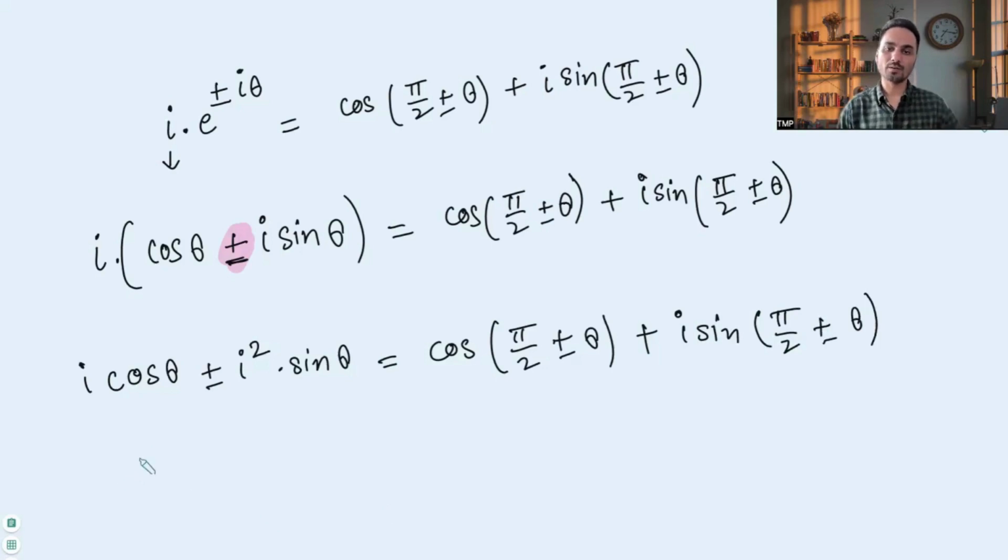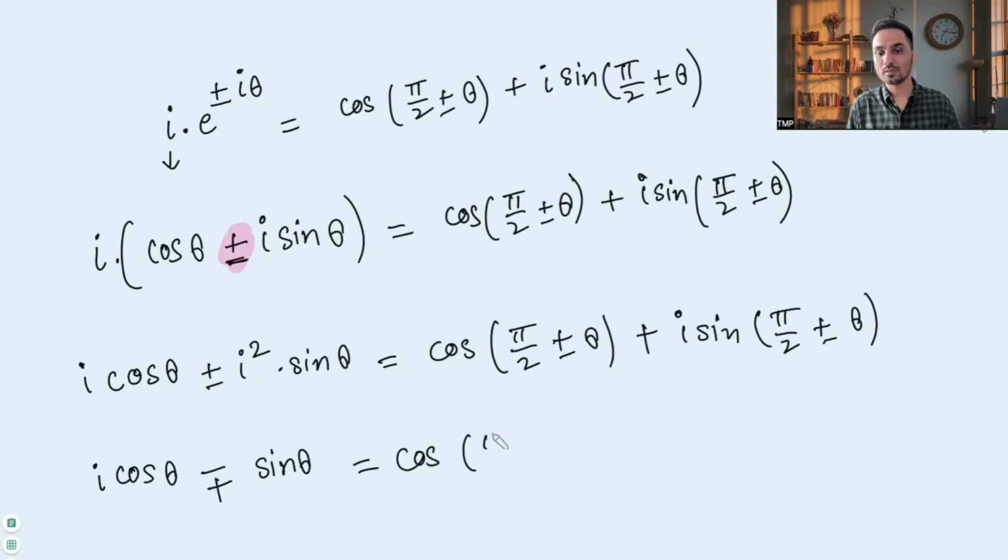On the left hand side, we can change iota square to minus 1 because we know the value of iota square is minus 1. So the left hand side now will change to iota cos theta minus plus sine theta equals cos (pi over 2 plus minus theta) plus iota sine (pi over 2 plus minus theta).